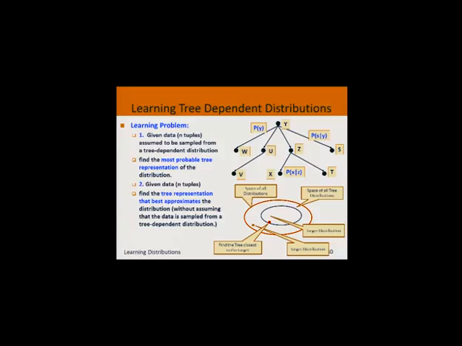So we have essentially a representation of a distribution. Here is the data that we've seen, and here is a representation of a distribution that presumably has generated this data. I don't have a notion of error. I need another notion of how I know that this is good. And in fact, we already gave this notion. We said it's maximum likelihood. We're going to look at what is the most likely tree to have generated this data.